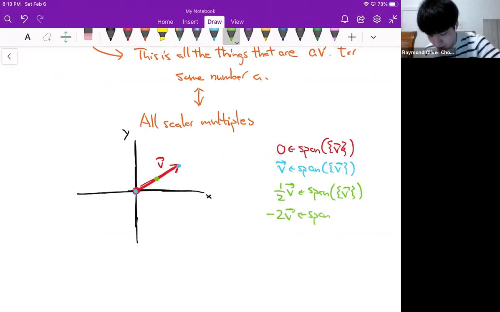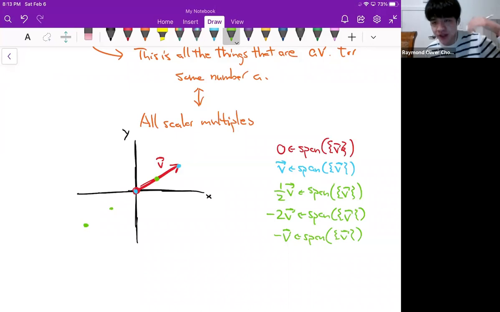This has to be in span of v. So minus v has to be in there as well. Okay, and then literally any number I put, right? So here's -1/4, here's 1/4, here's like pi, here's 2.